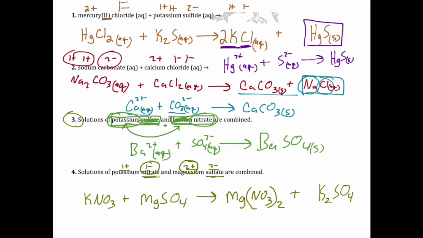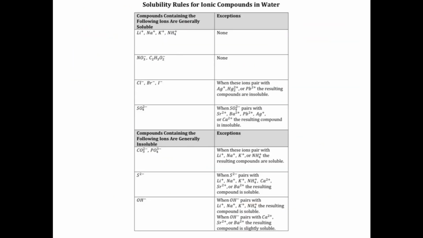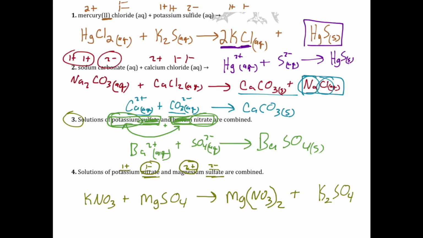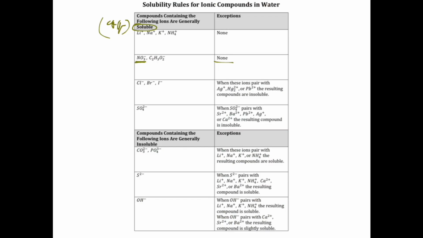Now what we need to do is determine what is aqueous and what is not aqueous. If you take a look, the magnesium nitrate, well here's nitrate. Nitrate is soluble, which means it's aqueous, which means it can dissolve in water. There is no exception, so that's going to be an aqueous solution. And then we have potassium sulfate.